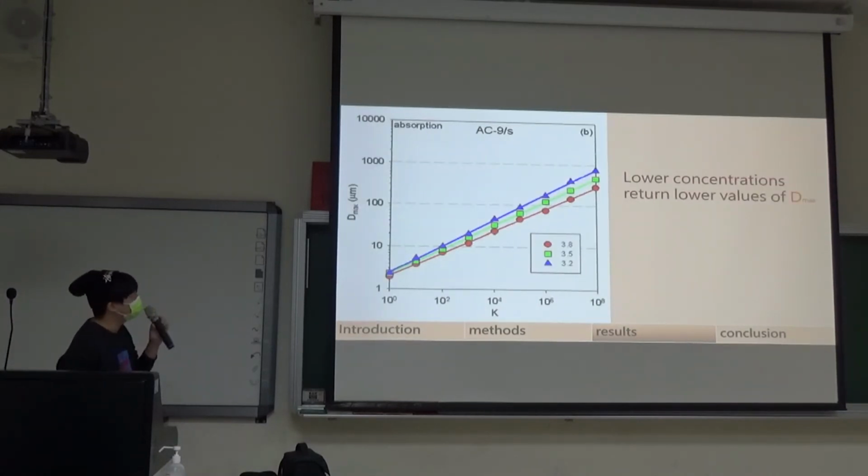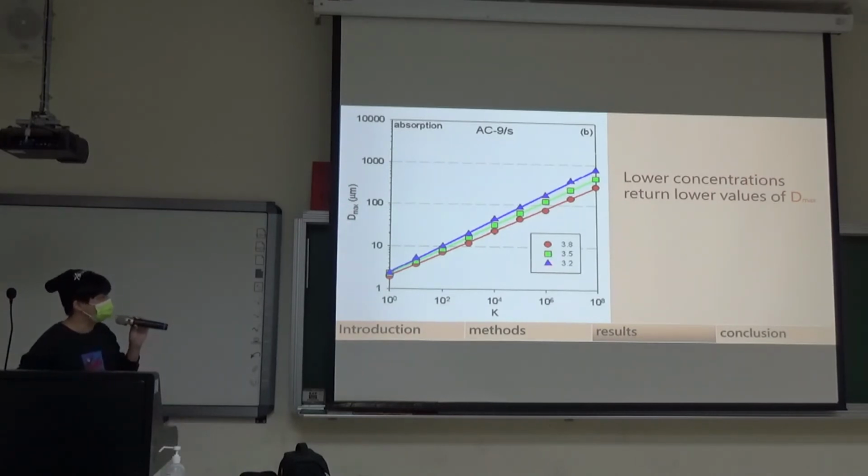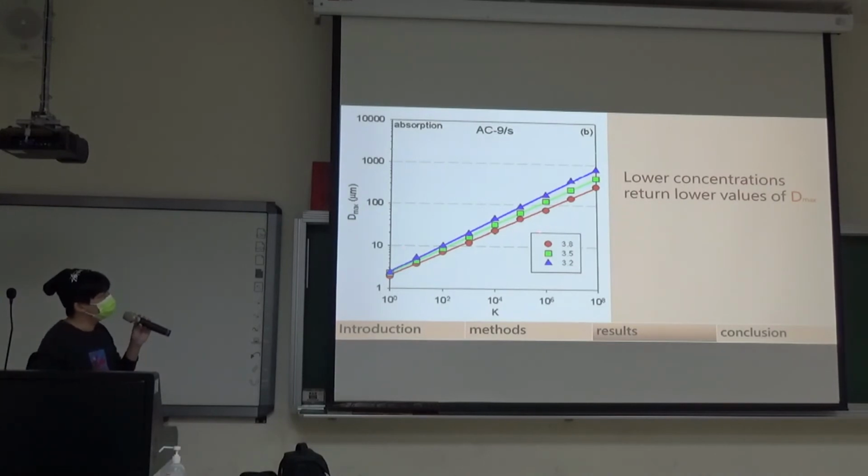In this picture, the y-axis is the size of the particle and the x-axis is the concentration. You can see that even with different slopes of the PSD, lower concentrations will return a lower value of Dmax.